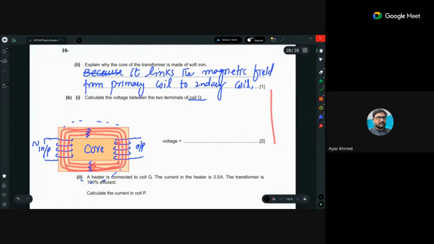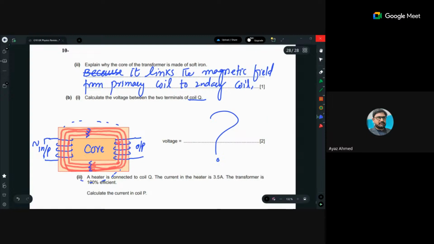It's a good thing. When your ma'am will give you this question, just ask ma'am that ma'am, some part of this question is missing. Okay, don't worry. This question is solved by this concept of number of turns on the primary coil.